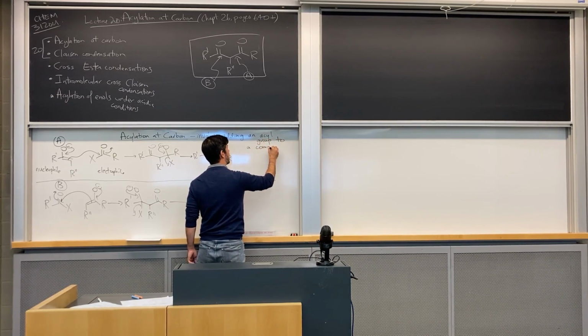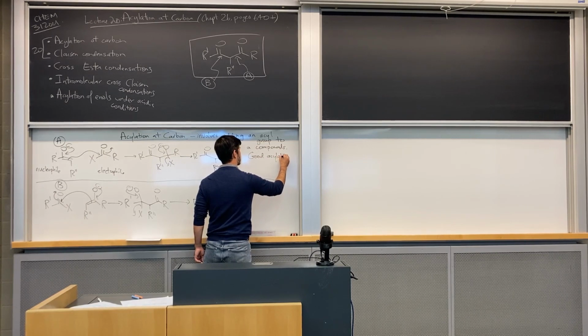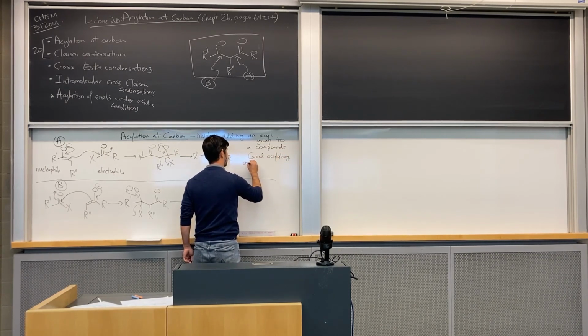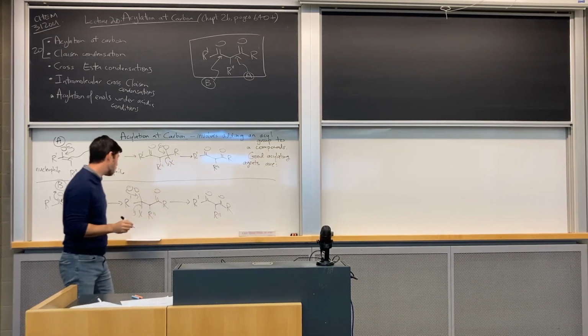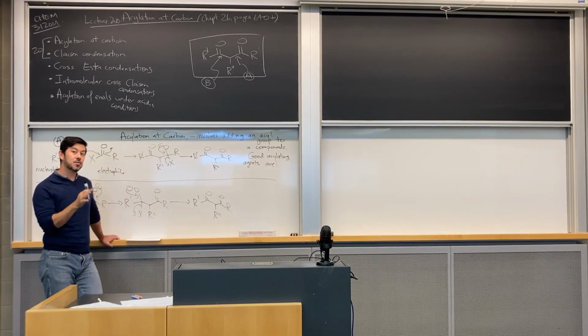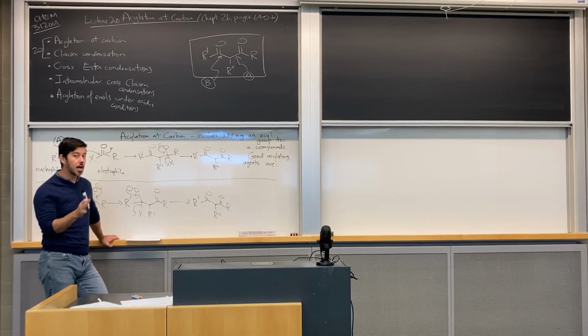Good acylating agents that you've used before include things like acyl chlorides. Those are very reactive, and anhydrides, which we've also seen in this course already.